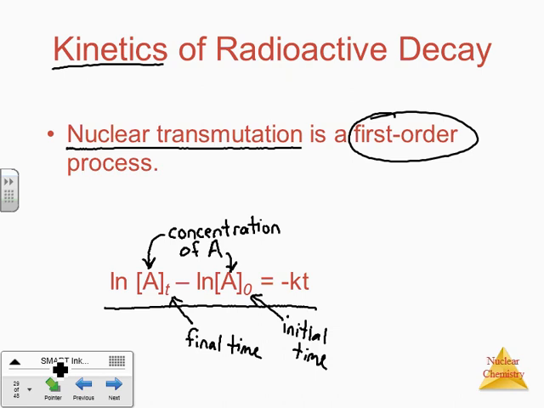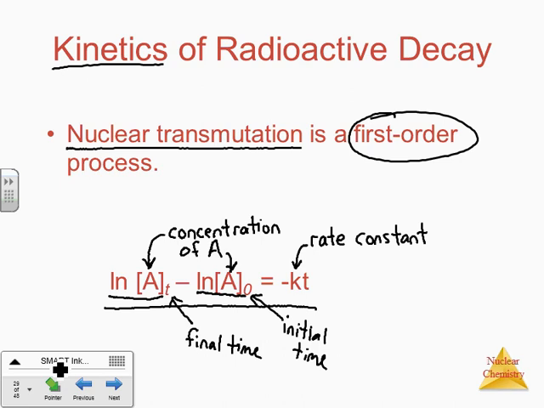So this second part of the equation, the natural log of A0, is the concentration at the beginning, and then this other part is the concentration at the end. Okay, since we're talking about nuclear decay, typically the concentration at the beginning is going to be higher than the concentration at the end. And then k is just a rate constant, just a constant value.